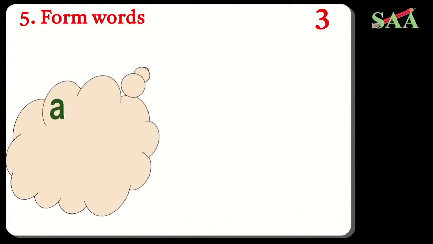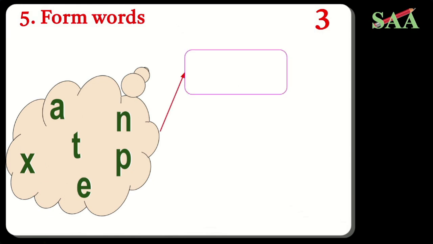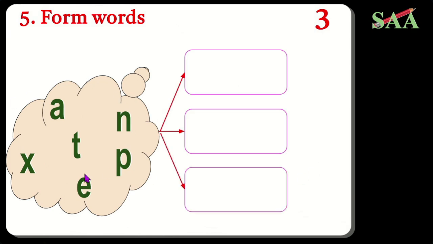Now here, which letter is this? A. This one N. This one X. This one T. This one P. This one E. Okay, now you have to form words. Use these letters and form words. Can you form a word?